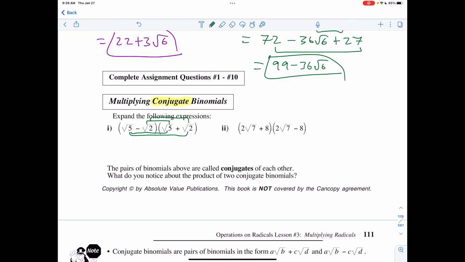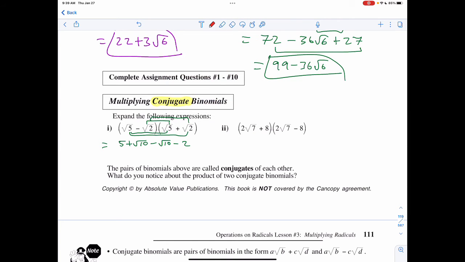And this is going to give me root 5 and root 5 is 5. Root 5 and root 2 is root 10. Negative root 2 and root 5 is negative root 10. And negative root 2 and positive root 2 is negative root 2 and root 2 just makes 2.